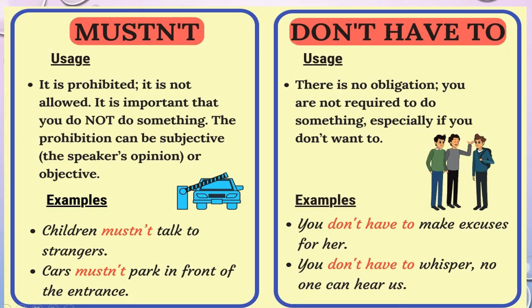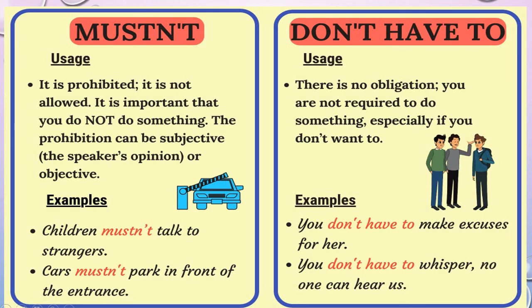Examples: children mustn't talk to strangers. Cars mustn't park in front of the entrance. So, when we use mustn't, that means it is prohibited. That means you can't do it.